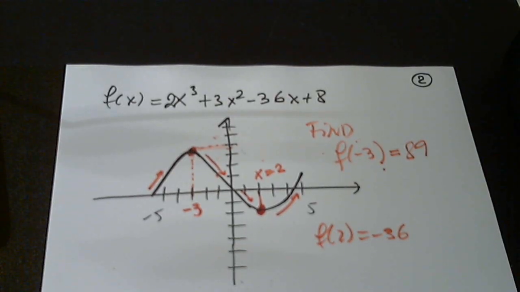Now the calculator is asking me to tell it where to look for the maximum. I know the maximum is at -3, but the calculator wants a bound. It wants a left and the right. Okay, I'm going to put -4, and I'm going to put -1 because I know it's at -3.